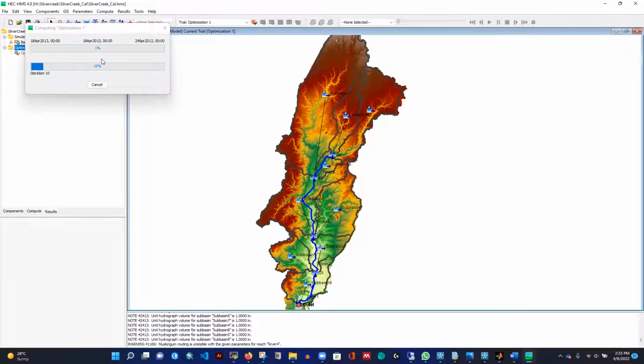So we are using initial abstraction as our calibration parameter because we don't know how much water will be abstracted at the very beginning of the rainfall, and we are using the curve number, right? So we calculated the curve number from land use and land cover information, but this is basically a calibration parameter we are getting from the model.